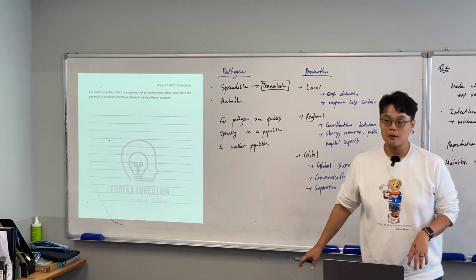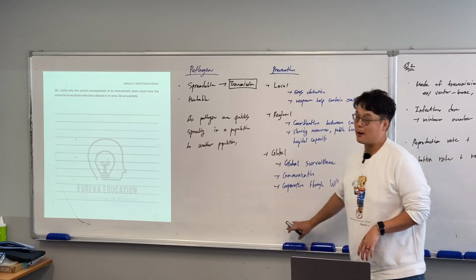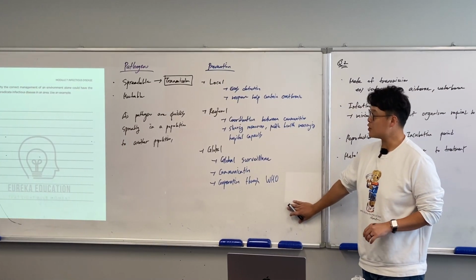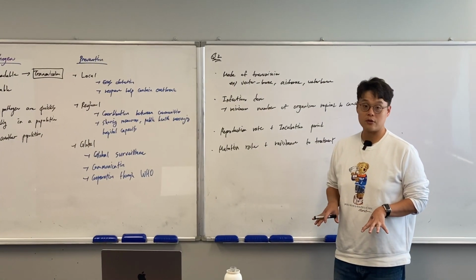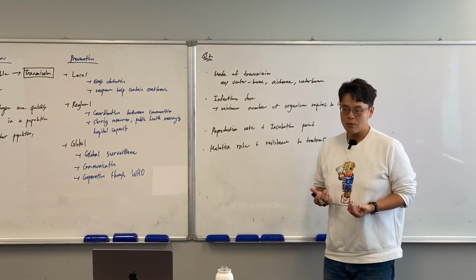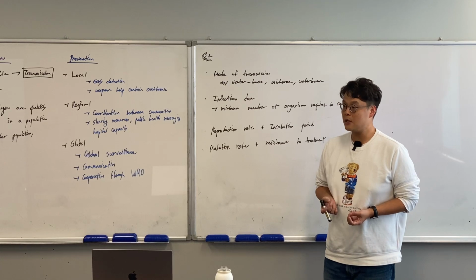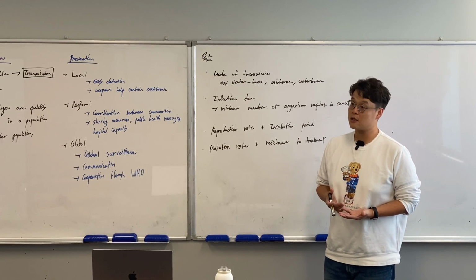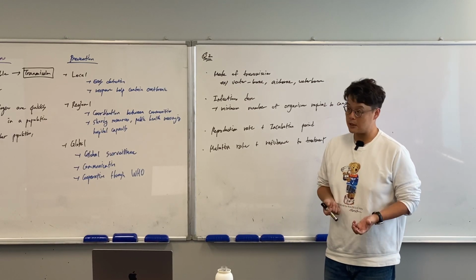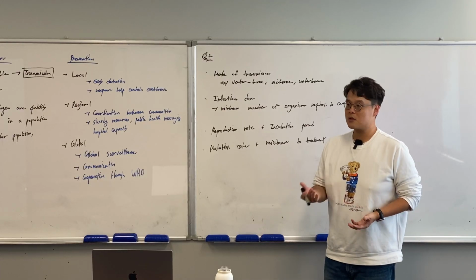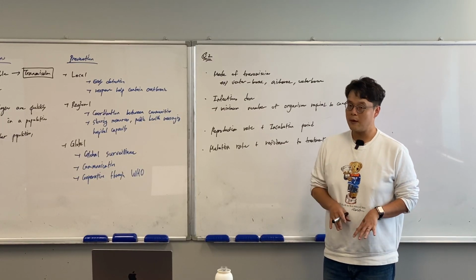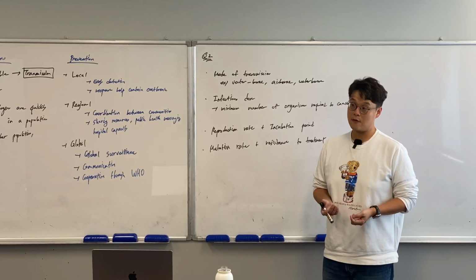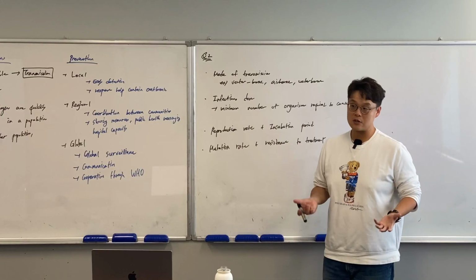Any questions about the pathogens in terms of how they are prevented in a local, regional, global area and the mode of transmission? Pretty straightforward. For these modules, you get a lot of case study questions in trials and HSC. They won't just give you questions like, why do we need to prevent that? If you haven't tried the HSC question that I gave you, you probably haven't seen the rabies question, the dog bites and the infectious disease.